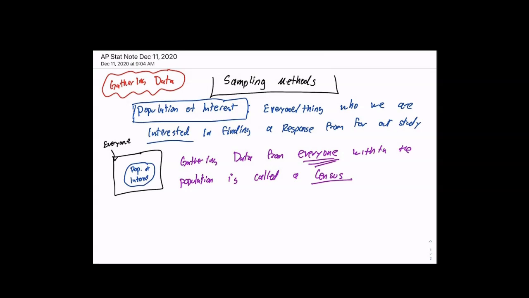And for that census, the population of interest is everyone who lives in the United States. The goal with that census, and the reason why it's called a census, is to get an exact count of where everybody lives. So how many people live within each state? The purpose of a census is to ask everybody.